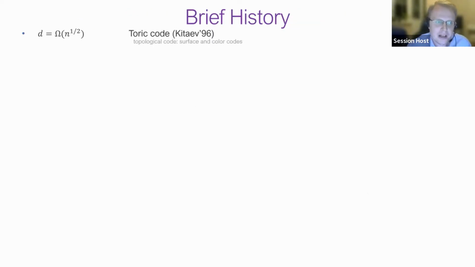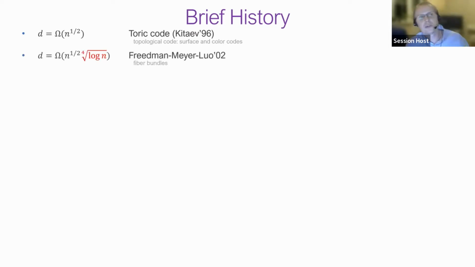Let me first briefly describe the history of this question. I already mentioned this toric code that was introduced by Kitaev in 1996, and after that it was generalized in many ways, and some similar constructions were proposed, for example, surface codes and color codes that are now considered the most practical codes for quantum computers.